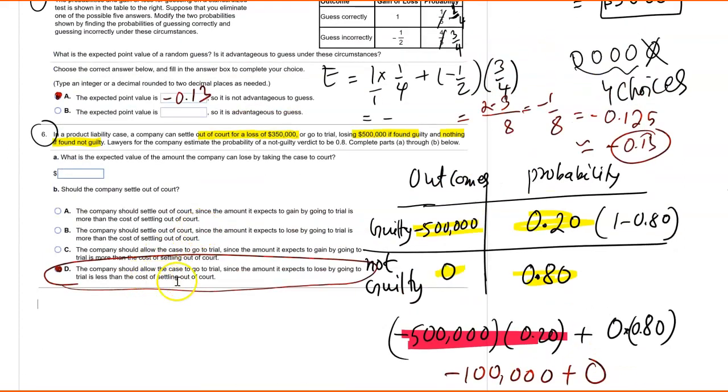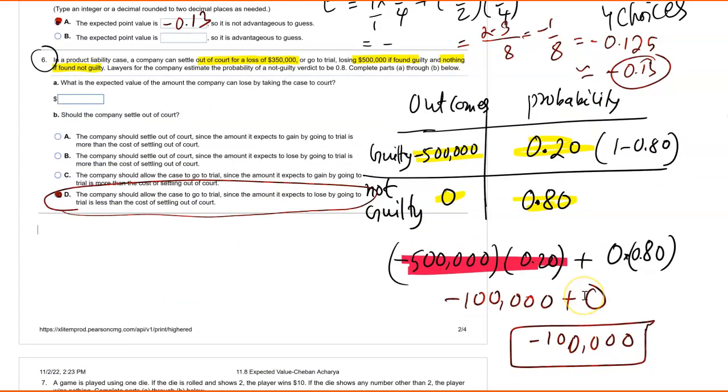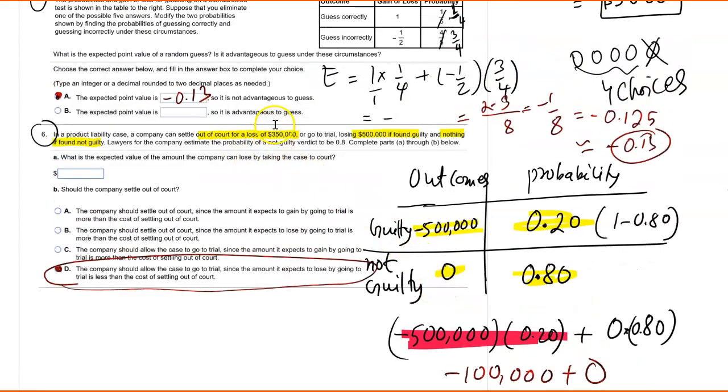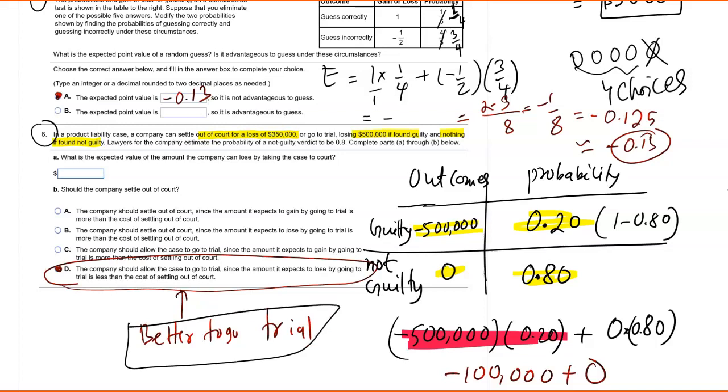If it settles out of court, it loses 350,000. That means it's better to go to the trial, because it is losing less.